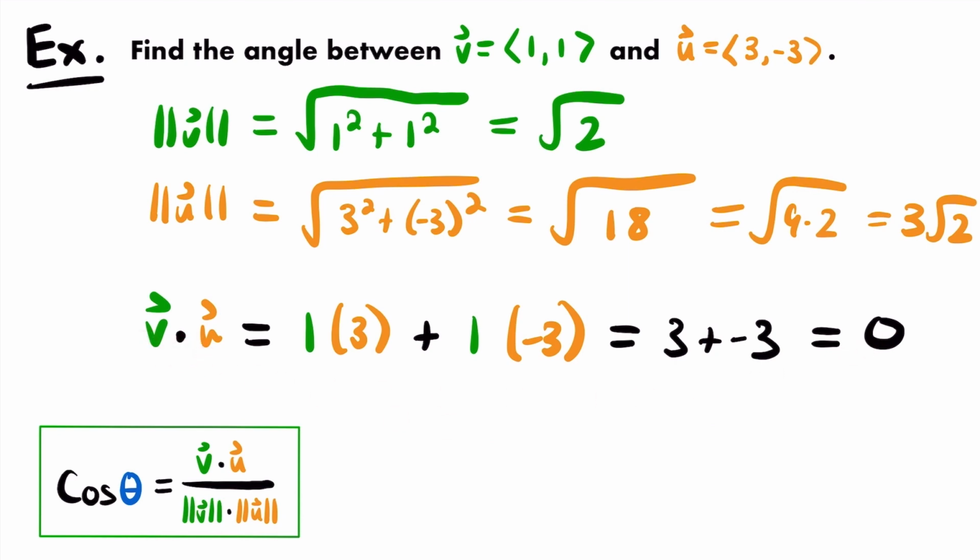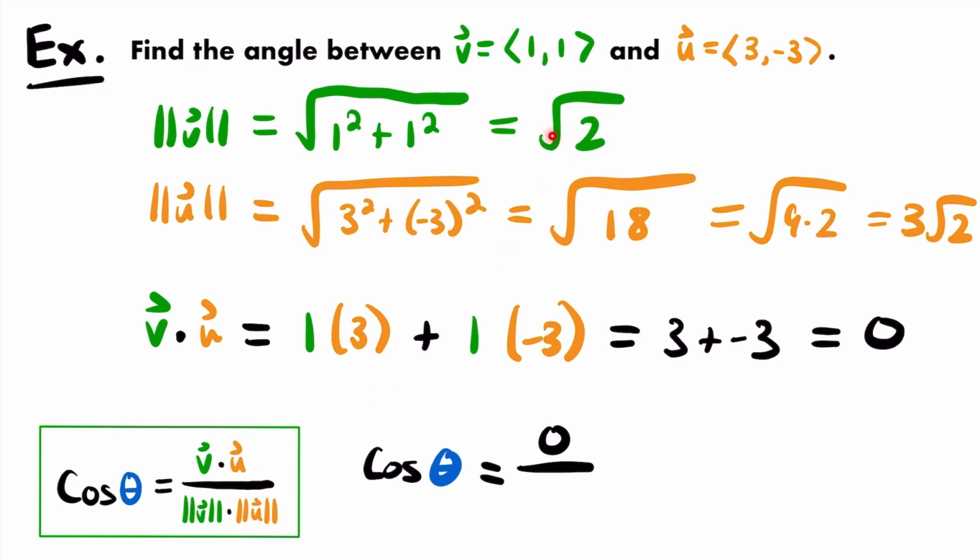And so now we can use that value as well as our two magnitudes to find the angle theta between vector v and vector u. So here's what we'll have. We'll have cosine of theta is equal to the dot product of vector v and vector u, which is 0. So we'll have 0 divided by the magnitude of vector v times the magnitude of vector u.